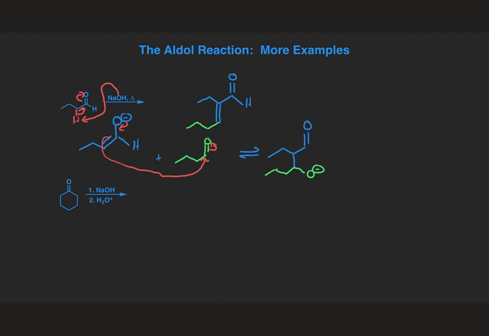That forms this molecule. We have recently generated water, and so we're going to protonate this O minus. To form the beta hydroxyketone.